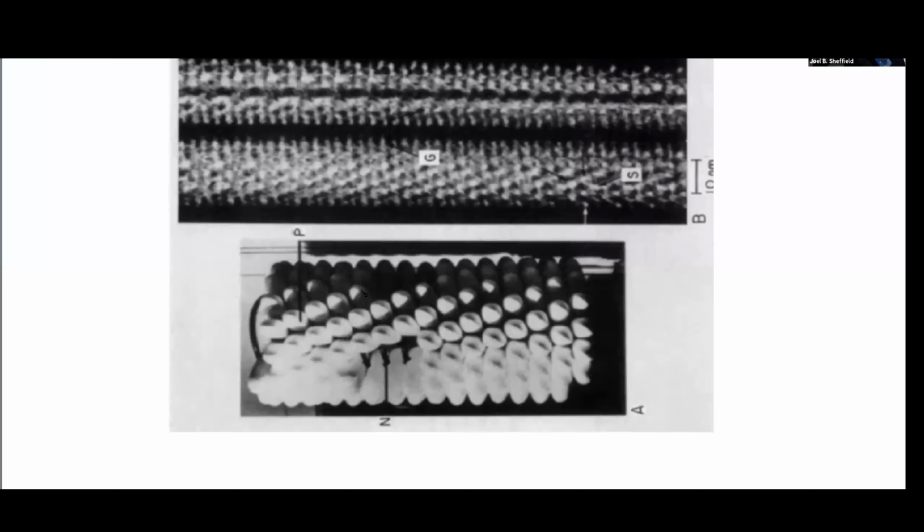The picture on the bottom is a model. The picture on the top is actually photographically processed. And what they've done is they've taken a segment of this picture, which they said, yeah, it's a little blurry, so I can't be too good about it.